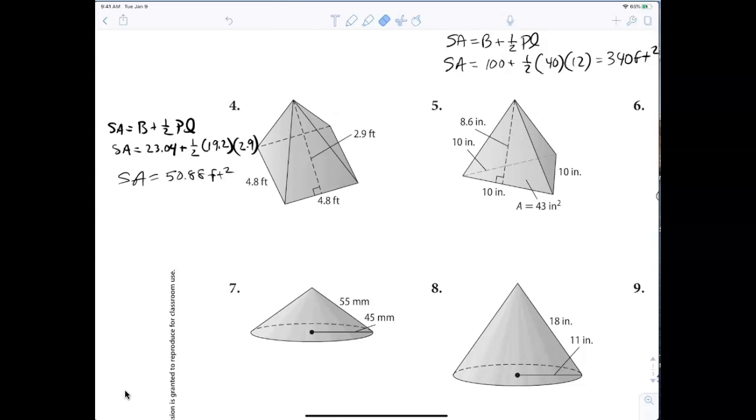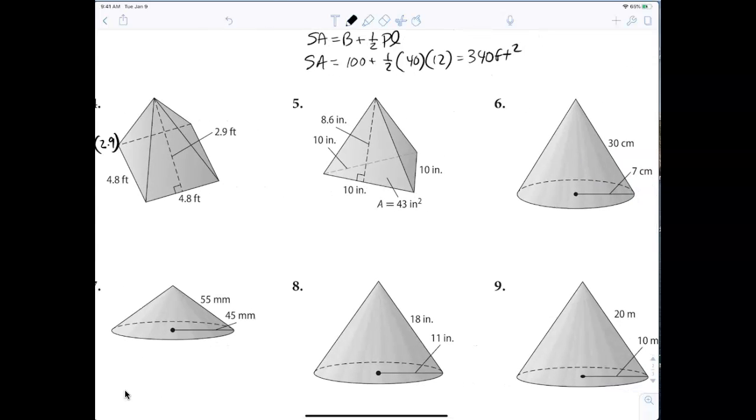All right, so Connor, why don't you tell me what the formula is? PP plus 1/2 TL. And then it's 23 plus 1/2 times 30 times 8.6.